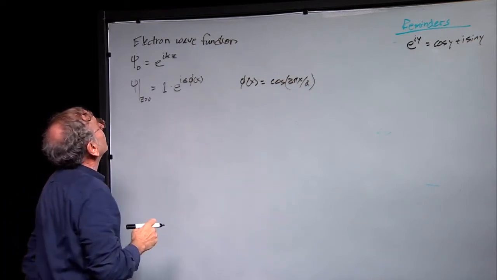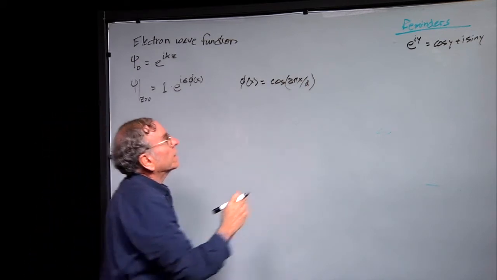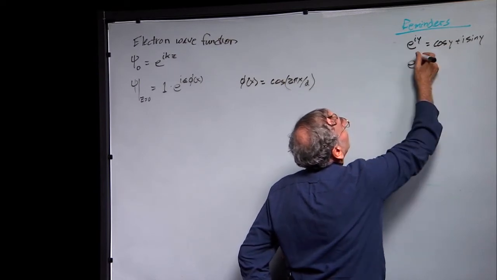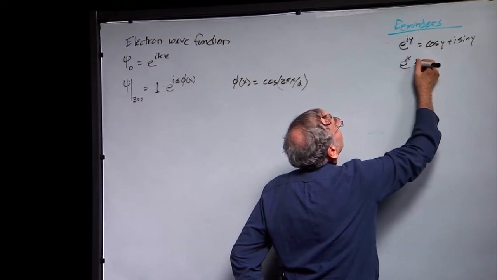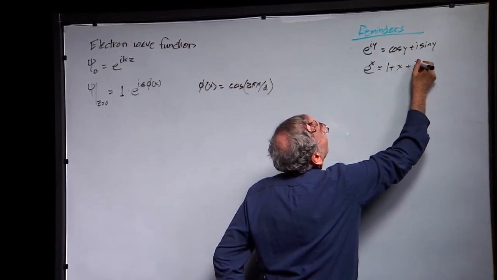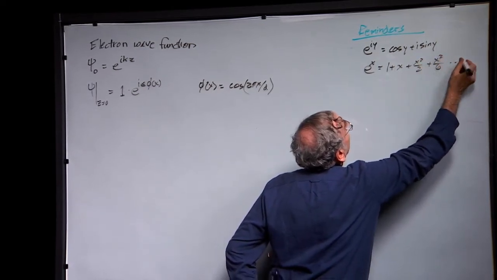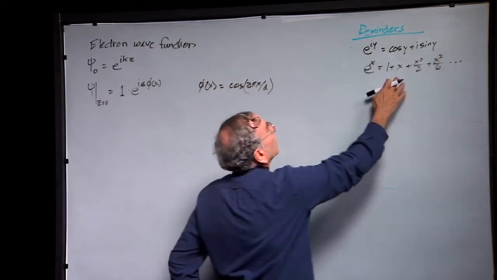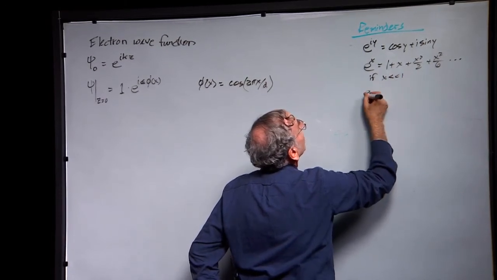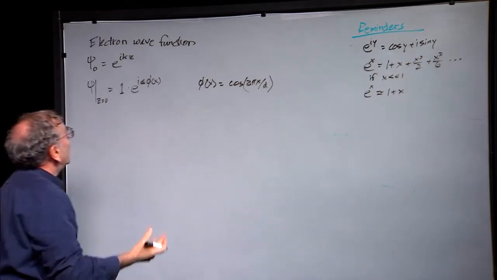Now, a very important approximation is made at this stage, and this is called the weak phase approximation. It comes from this. As we saw last time, e to the x is equal to a Taylor series that looks like 1 plus x plus x squared over 2 plus x cubed over 6 and so on. If x is really small, if x is much less than 1, then e to the x is about equal to 1 plus x, and we're going to make use of that here.